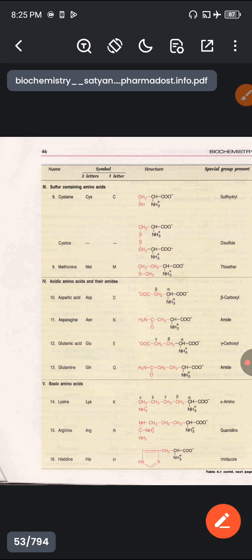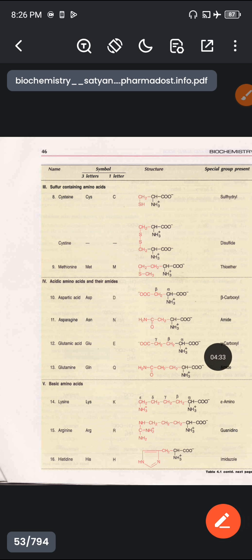Arginine has a guanidino group, and histidine has an imidazole ring. In your test, I know they normally ask which amino acid has a guanidino group. That is arginine. Then the amino acid with imidazole ring is histidine.